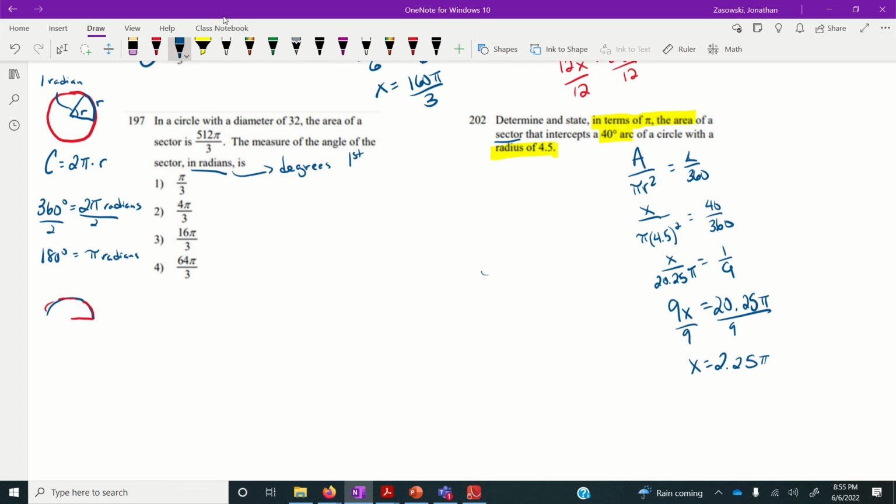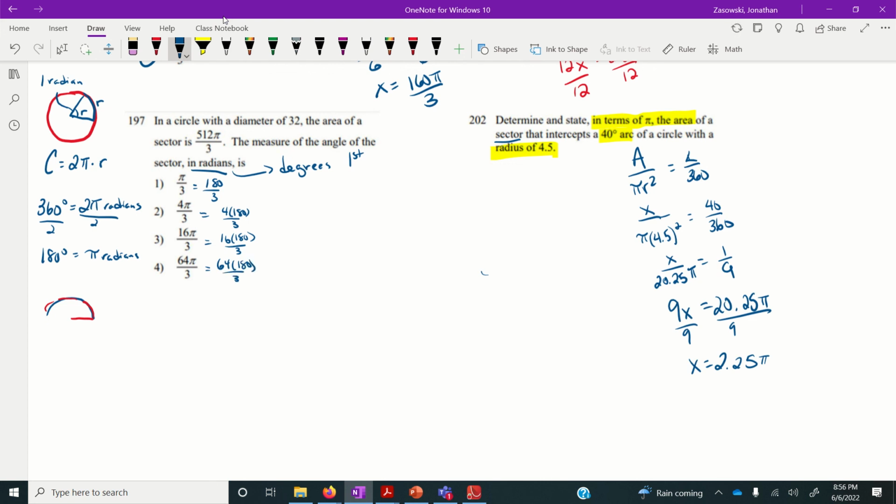All you need to do is remember that to convert from radians to degrees, we just plug 180 in wherever pi is. So number 1 would be 180 over 3. Number 2 would be 4 times 180 over 3. Number 3 would be 16 times 180 over 3. And number 4 would be 64 times 180 over 3.